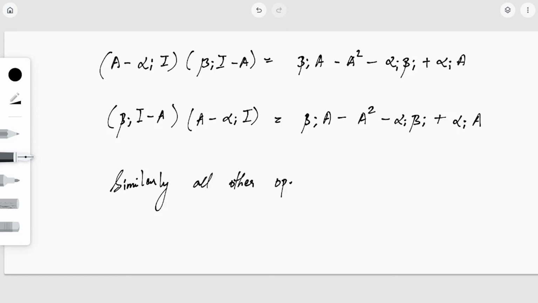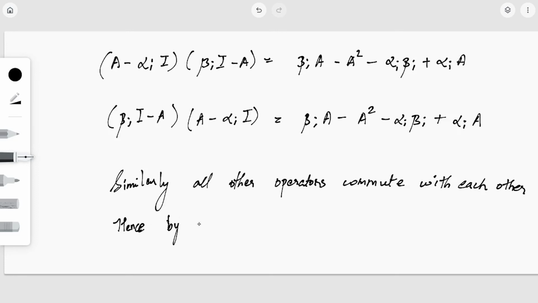All other operators commute with each other. You can just verify that. Okay, so we have got the non-negative operators which commute with each other. So by the previous lemma, their product will also be greater than 0, right?